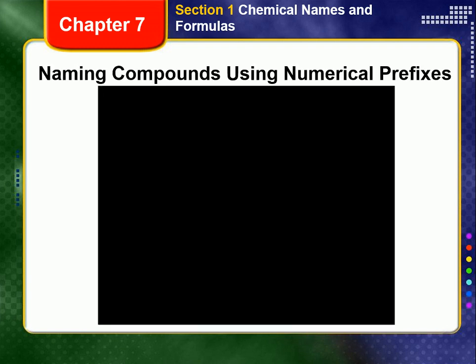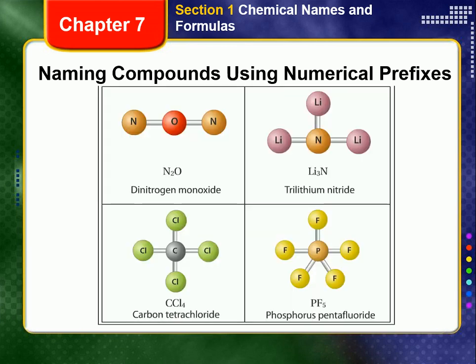When naming compounds using the old system, or the prefix system, we can't use the double check method of using the charges involved to make sure we have the appropriate number of each species, because there are no charges involved. We are telling the reader how many of each species there is. The prefix system: we say how many atoms are present.